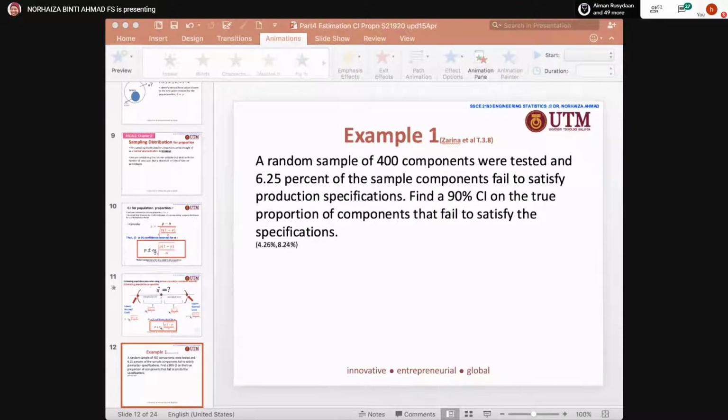So your question, Ali Imran, you're asking whether it is Z alpha over 2 or alpha over 2. Alpha over 2 is a probability.